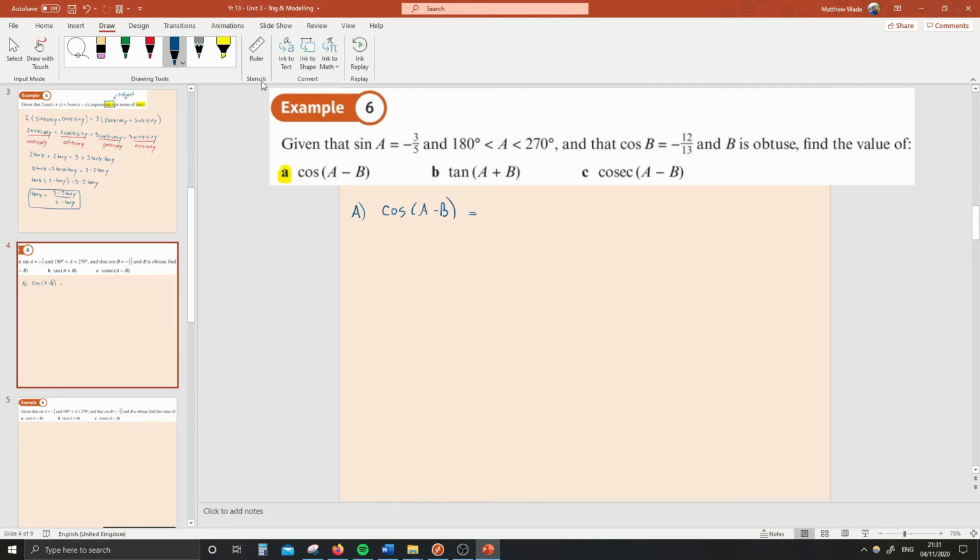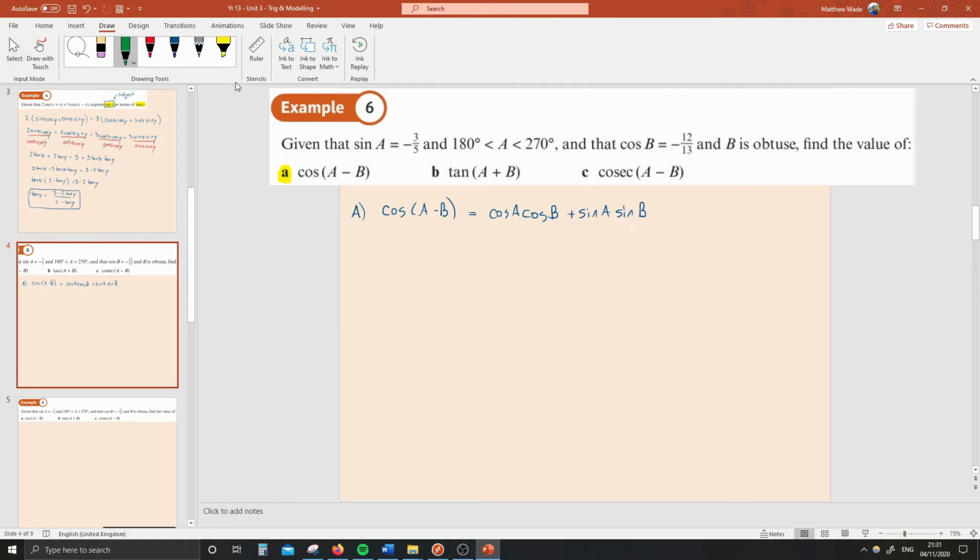So my buddies, this straight away turns into this. It is going to be cos A cos B. The sign changes on this one, so instead of minus, it's plus. And then it's going to be sine A sine B. Cool. Right, now we're in a bit of bother because we know sine of A is minus 3/5, so that's good.